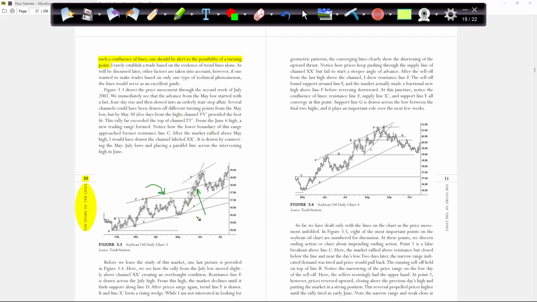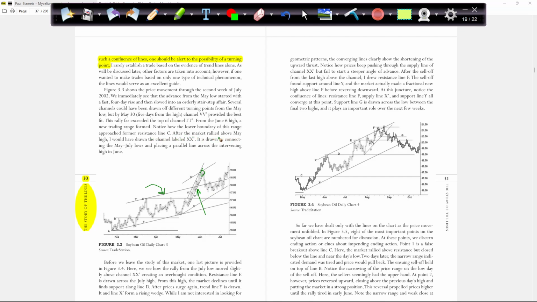From the June 6 high, a new trading range formed. Notice how the lower boundary of this range approached former resistance line C. Okay.